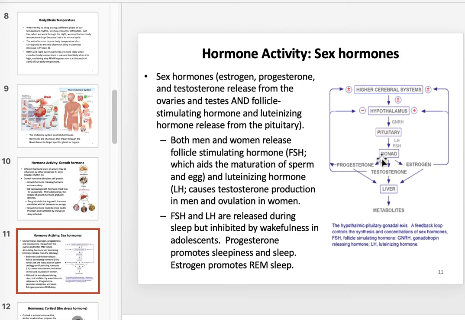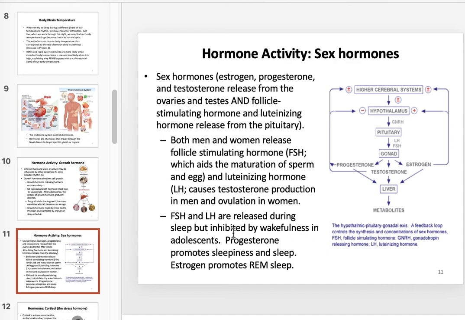And here's the cool thing. Those sex hormones, and this is true of all our endocrine systems, they're going to feed back to the brain, and the brain's going to be like, I got enough of this, and it's going to stop the hypothalamus from continuing release, because endocrine hormones or hormone cycles are cycles, and so we ramp up and then we shut down.